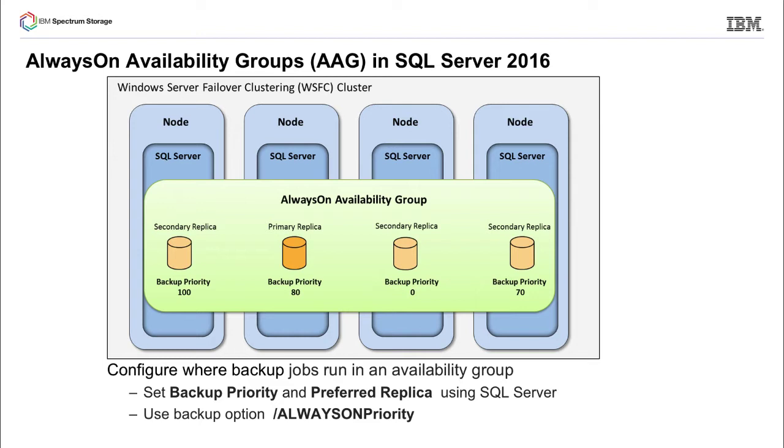And when you schedule the backup, you can use this always-on priority option with data protection for SQL Server to allow the software to recognize and honor those backup priorities and settings that let you determine where you want to run the backup. For the purposes of using the GUI, however, the backup is going to run on the replica that you choose to run the backup with.